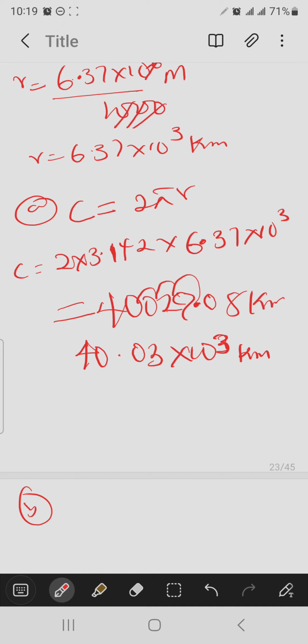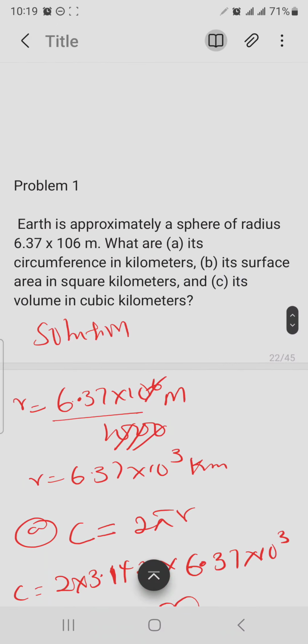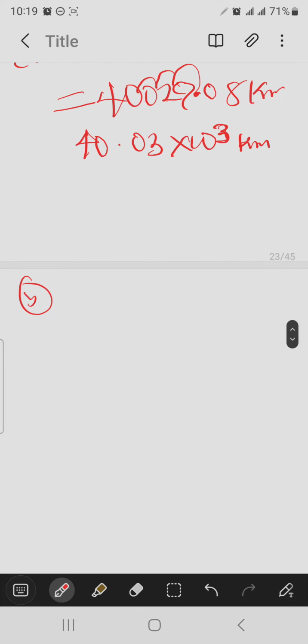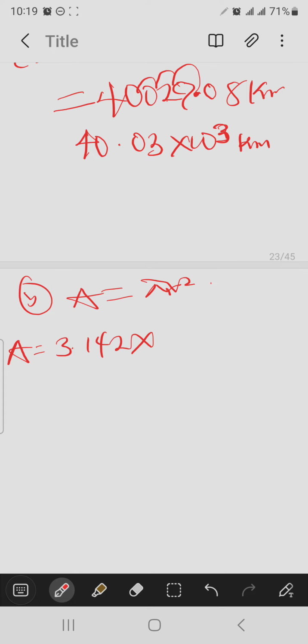So B, the second question, says you should calculate its surface area in square kilometers. The area is going to be what? Pi r square. So the area will now be equal to pi, which is 3.142, multiplied by 6.37 times 10 raised to the power 3, all squared.